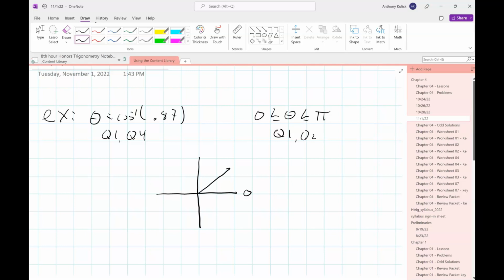So here's 0. There's my terminal. Well, let's use a color. Here's terminal and initial. So that's my theta. In this case, my phi is the same spot as my theta, right? So what I'm going to relate is the theta, the phi, and that value from the x-axis that makes up the other arm of my phi together.